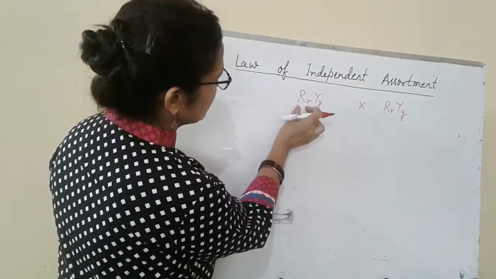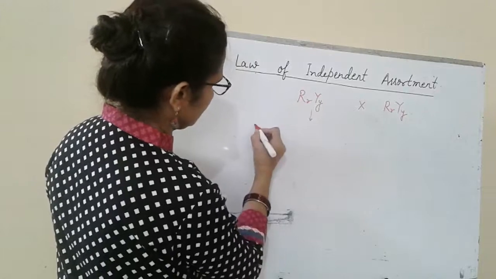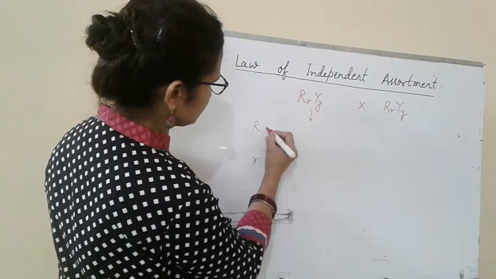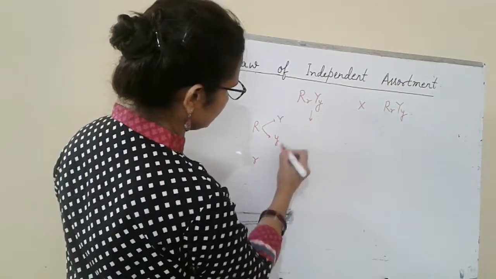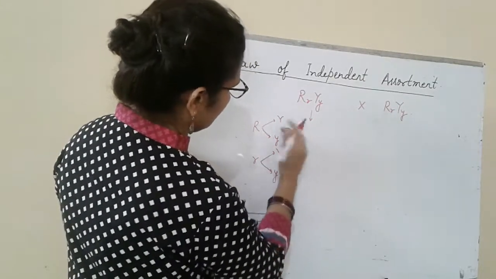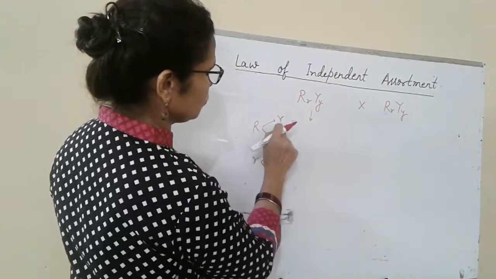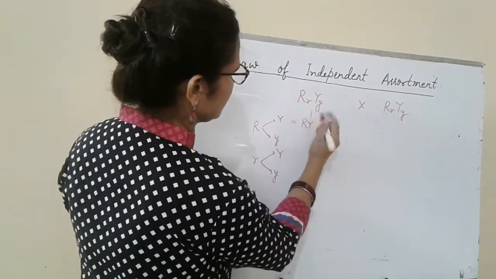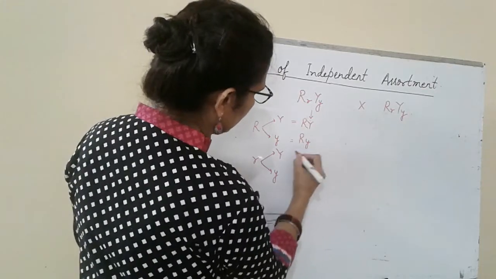Let's see. We segregate these alleles, any set of alleles like capital R and small r. These two alleles are segregated and they combine with another set of alleles, that is capital Y, small y. This allele can go with this allele and form capital R and capital Y. Here capital R, small y.